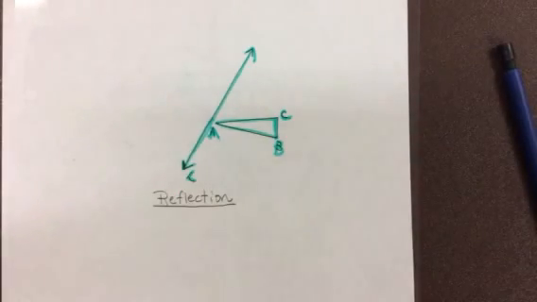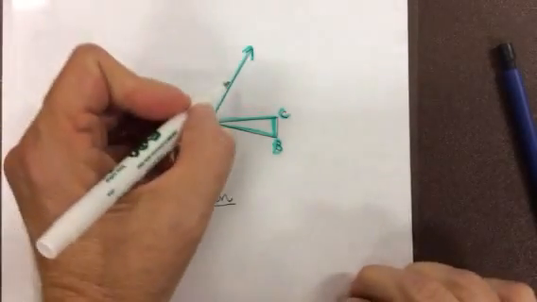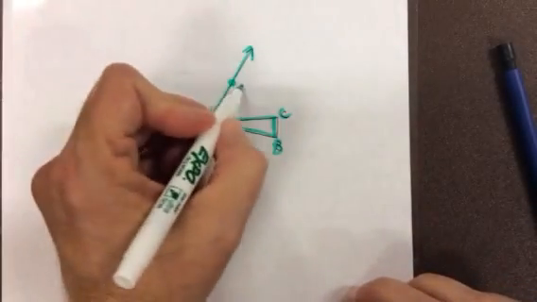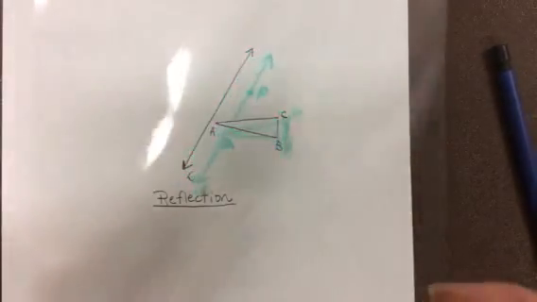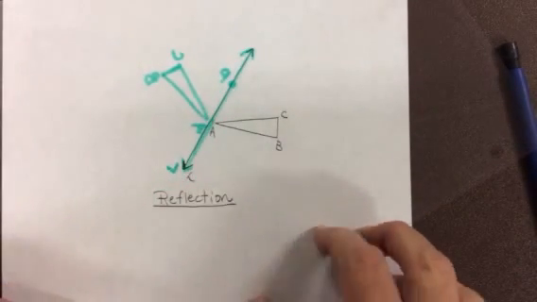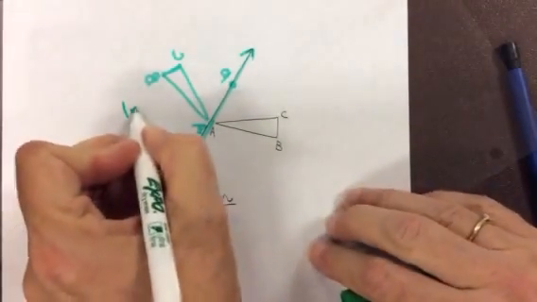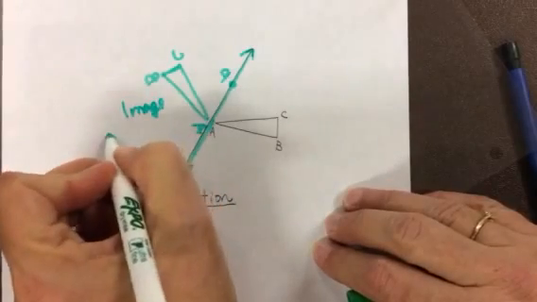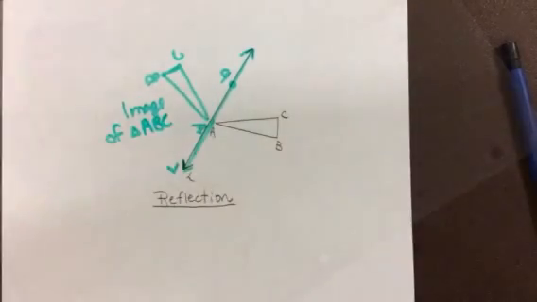And to do that reflection, I flip. I'm going to mark a point on my line, let's mark point P. No point on that line of reflection is going to move because it's going to flip over and line back up. Oh well, I didn't mark it on my paper, but you get the point. So there's my image of triangle ABC.